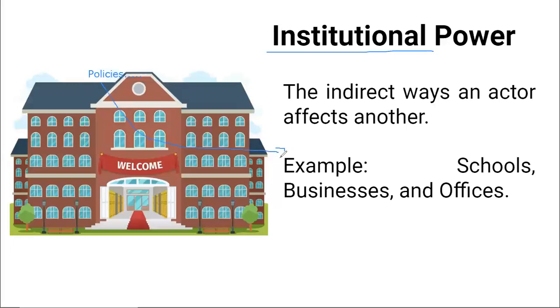This is one thing that creates operation of the power. Okay? So they operate the power using basically the policies. Right? So that's what we have to understand when it comes to institutional power.